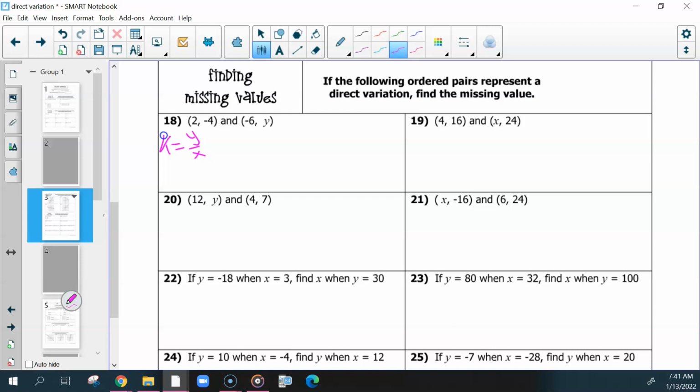So we could say negative 4 over 2 equals y over negative 6. And then to solve proportions, we would cross multiply. So positive 24 equals 2y. Divide both sides by 2 so that y equals 12.